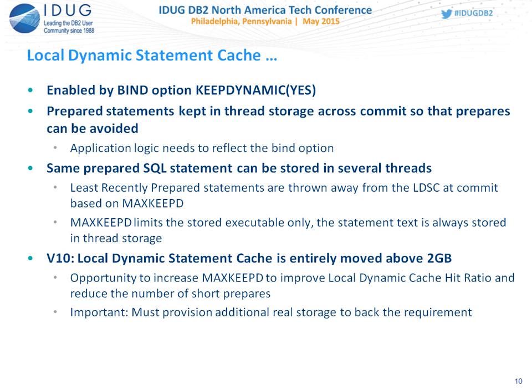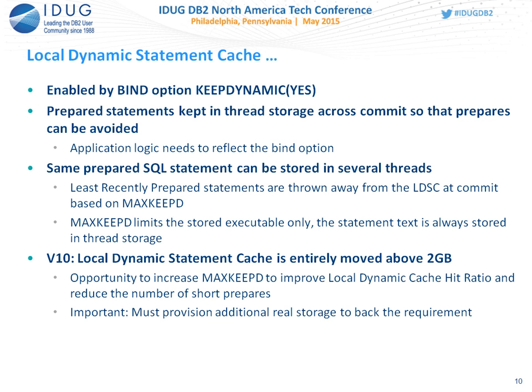This is not something you go across the board with. You're not going to rebind all your JCC, SYSLH, whatever packages with KEEPDYNAMIC, because you're going to persist threads forever and run out of, if not virtual, then some real storage. The key here is it's kept across the commit, but the application logic has to understand that.